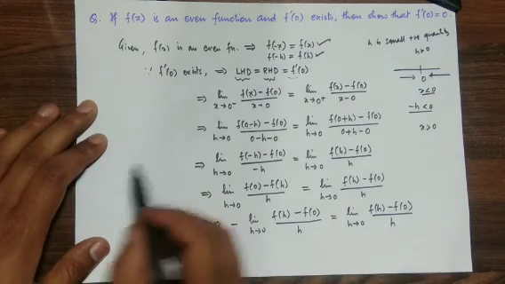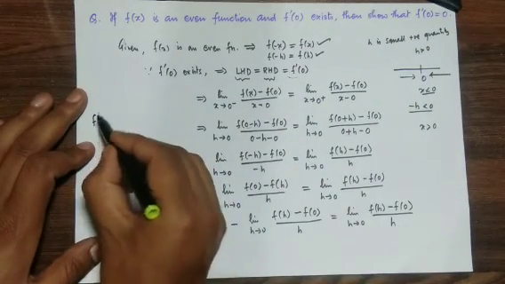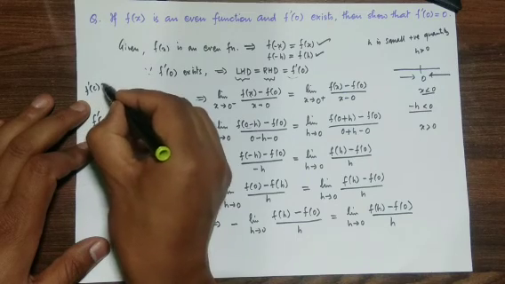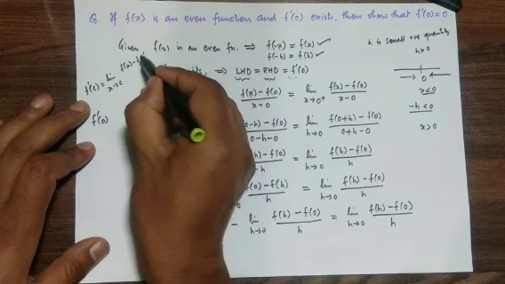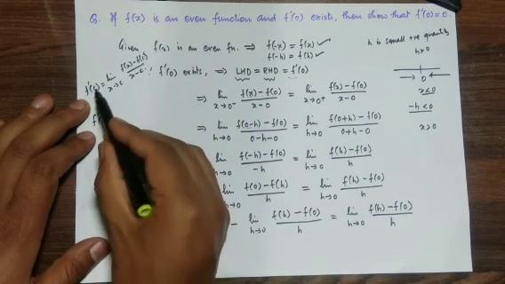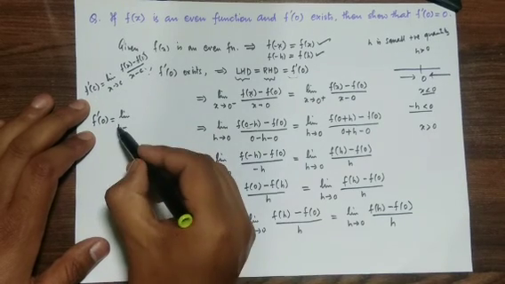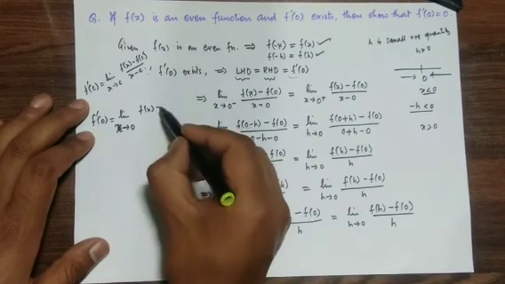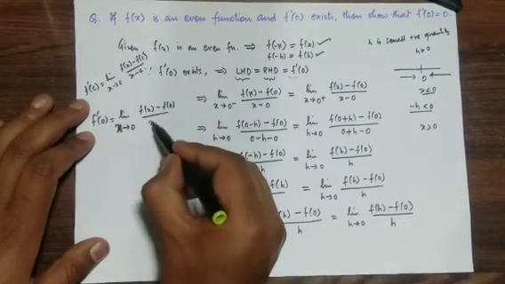Now since it is said that f dash of 0 exists, and we have a definition, f dash of c can be written as limit x tends to c of f(x) minus f(c) by x minus c. So if I put 0 instead of c, I'll have limit x tends to 0 of f(x) minus f(0) by x minus 0.